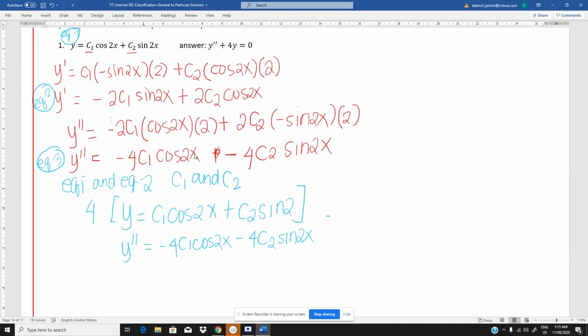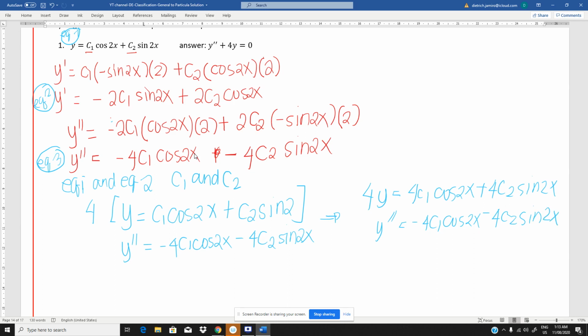We'll have 4y is equal to 4c1 cosine 2x plus 4c2 sine 2x. And then we have the other one, which is y double prime is equal to negative 4c1 cosine 2x minus 4c2 sine 2x.